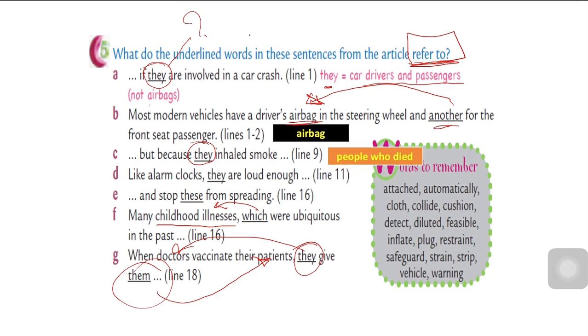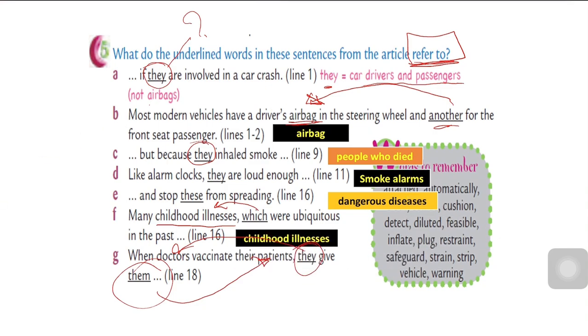The next one, D: like alarm clocks, they are loud enough. Smoke alarms, right. The next one: stop these from spreading. What is meant by these? Excellent. Dangerous diseases, just the words before them. The next one, F: childhood illness, which goes back to childhood illnesses.